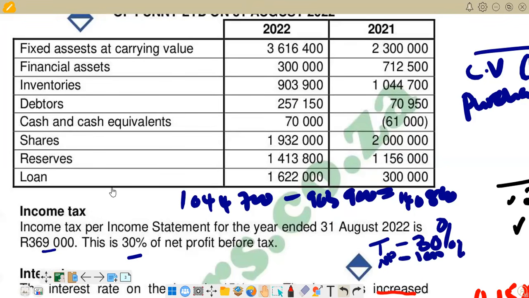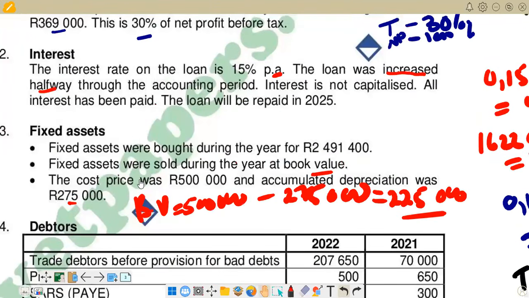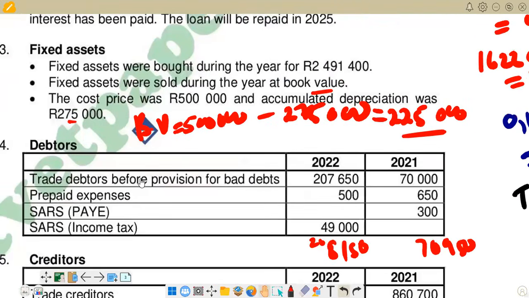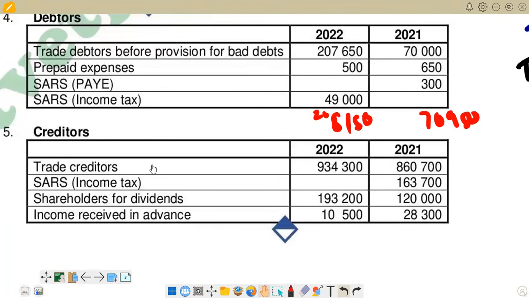Let's look down there if you have any other. Right. We now have creditors. These are the last ones that are affecting working capital. For creditors again, we are not going to include the figure for SARS income tax, and also the figure for shareholders for dividends is not part of our trade and other payables.